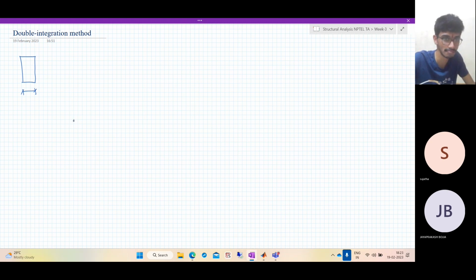It deforms like this. You extend the faces all the way up.